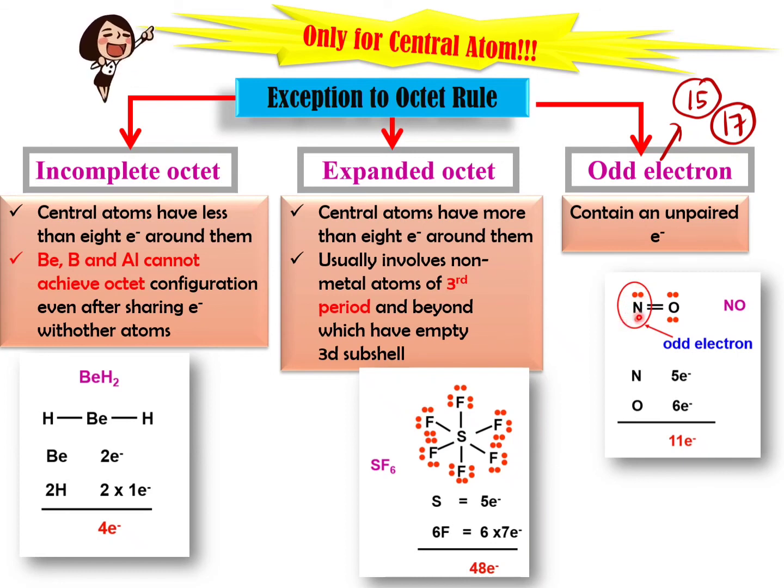Okay, so sebab nitrogen ni adalah central atom dan kebetulan total elektron dia bukan nombor genap, total elektron dia adalah nombor ganjil. So that's why for NO Lewis structure, you akan dapat satu elektron yang tidak berpasangan. So ini adalah exception to octet rule only for central atom. So you need to be careful when you draw the Lewis structure. So you kena ambil kira beberapa faktor inilah.